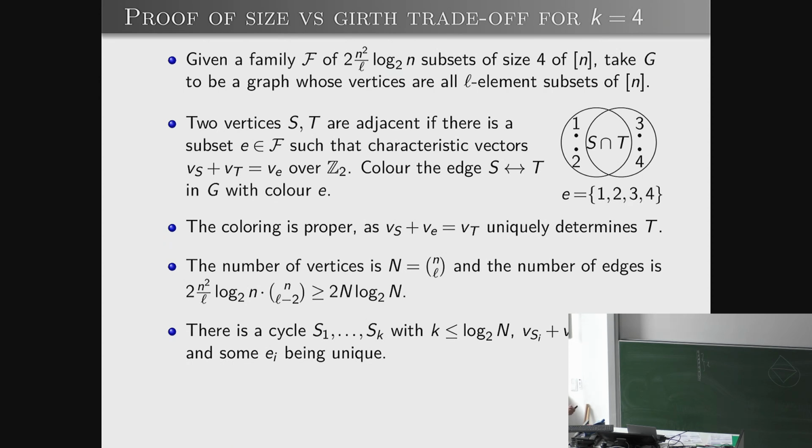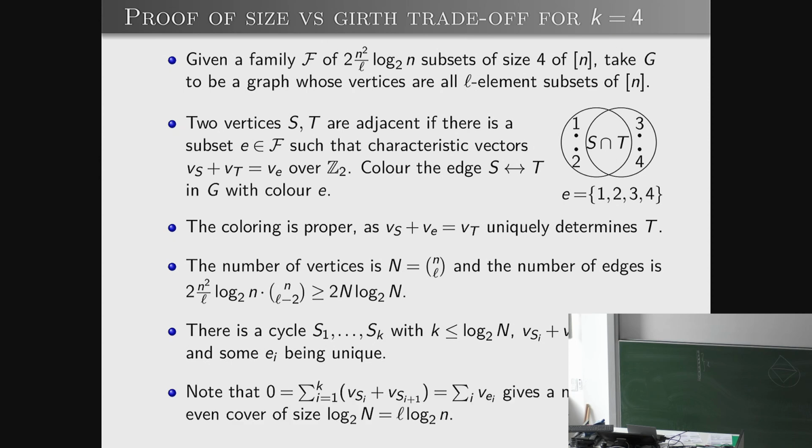Now what you can do, you can take these equations and start adding them. And observe that every vector VSI will appear twice, VSI plus VSI plus 1, and also you will have VSI plus VSI minus 1, because it's a cycle. So if you add all these equations, because you're adding modulo 2, this thing cancels out, you get 0.